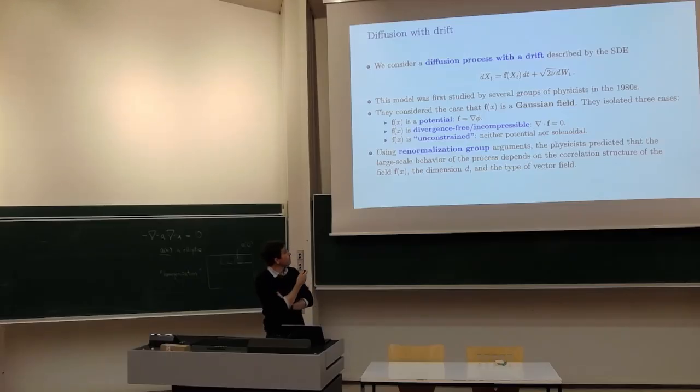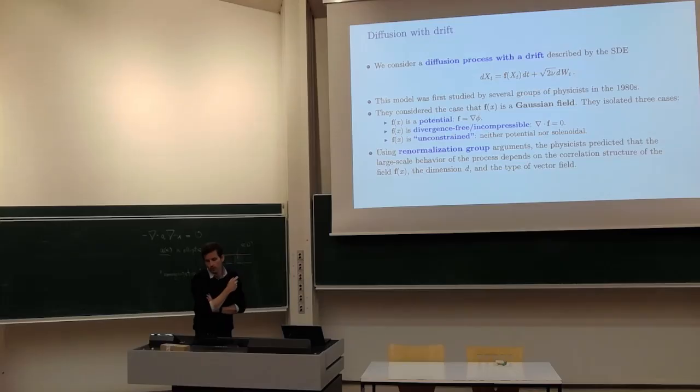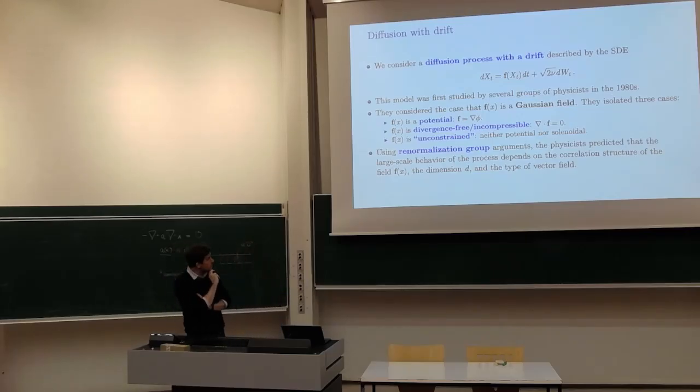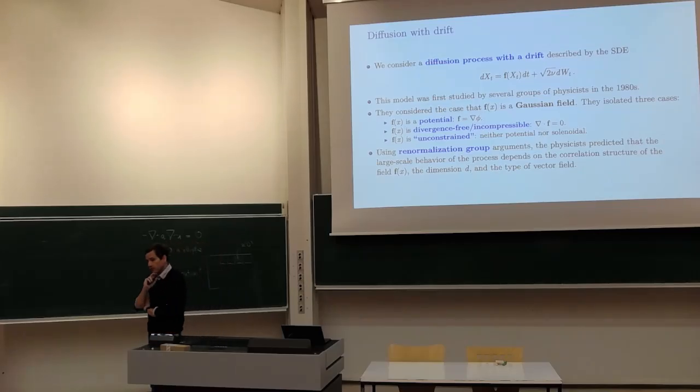the particular model and the way that I'm thinking about the problem was already considered by physicists in the 1980s. There was a series of papers by theoretical physicists. I think the best one was in like 1990, so it was basically done by them, from their point of view. They split into 3 cases. There's the case in which f is a potential. There's the case in which f is incompressible or divergence-free.